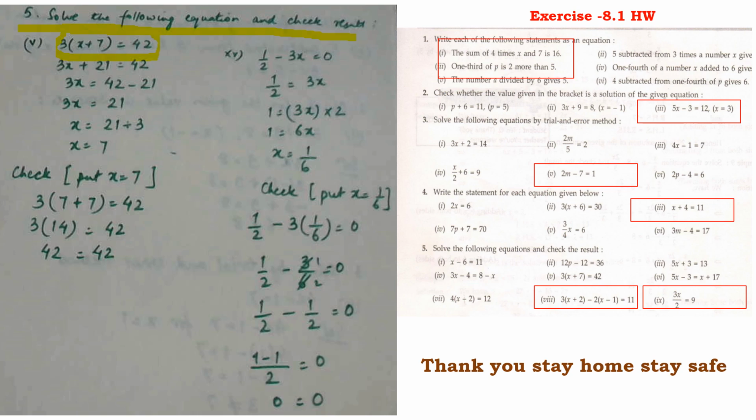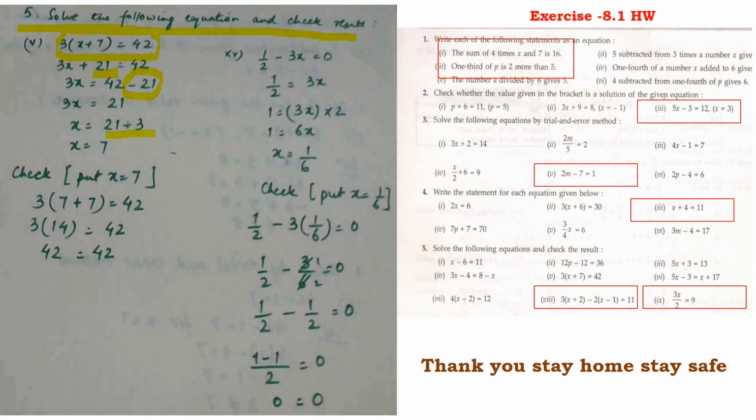So 3 into x plus 3 into 7, which will give you 21, equals 42. Now 3x, my plus 21 is going to the other side and it is becoming minus 21. So 3x is 21 and x is 21 divided by 3, which is 7. Okay. So actually 7 is called what? 7 is the root of the equation.